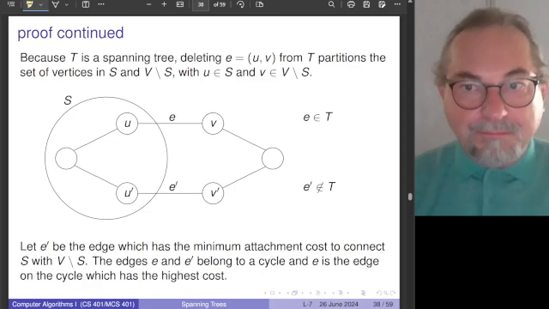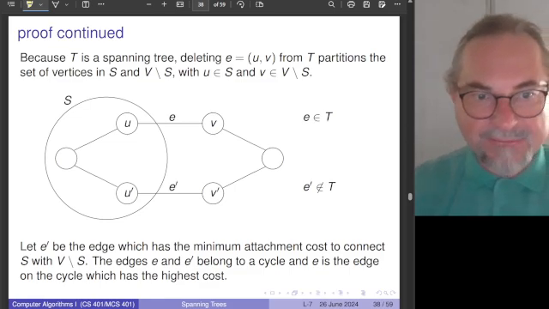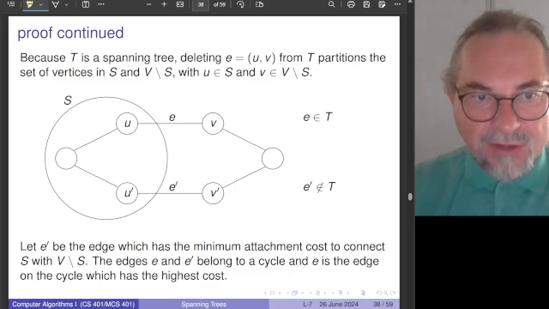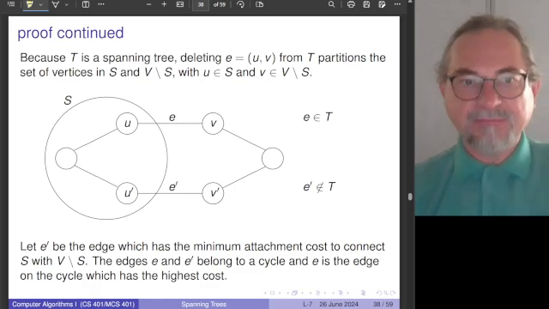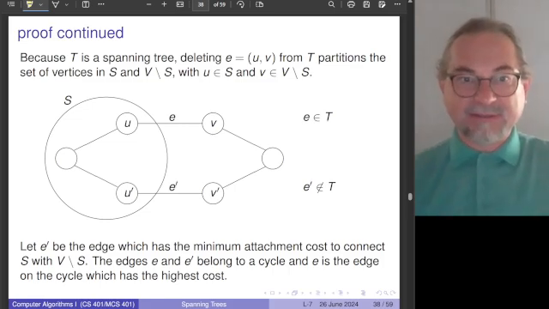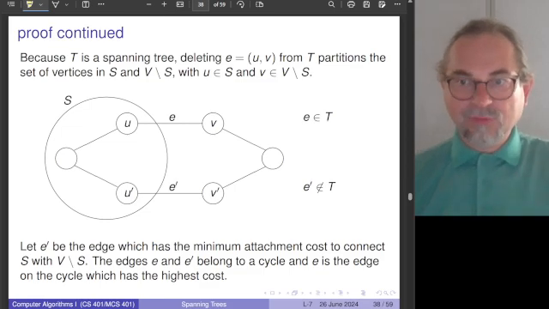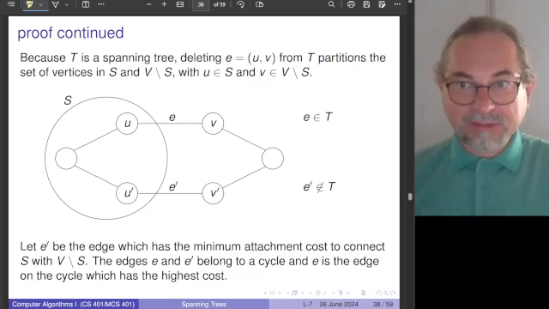Now, because we have a cycle, we have this S. Now we can actually cut E, and if we do that, we can still connect V to the rest of the vertices.